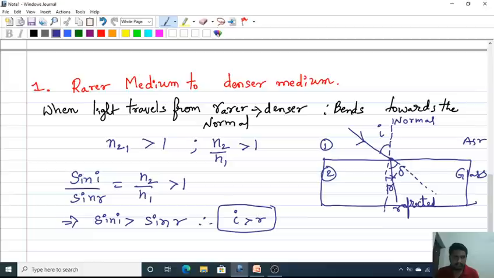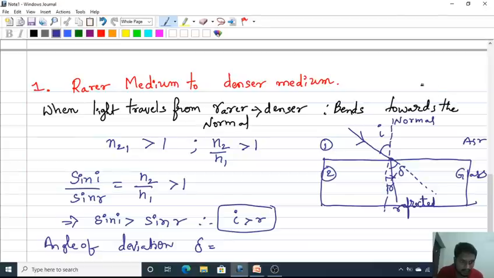Now what about the angle of deviation here? Therefore the angle of deviation delta can be written as, so this is i, and the total is also equal to i. Why? Because of the same two lines. This is the actual path, this is the normal. This angle is again i.